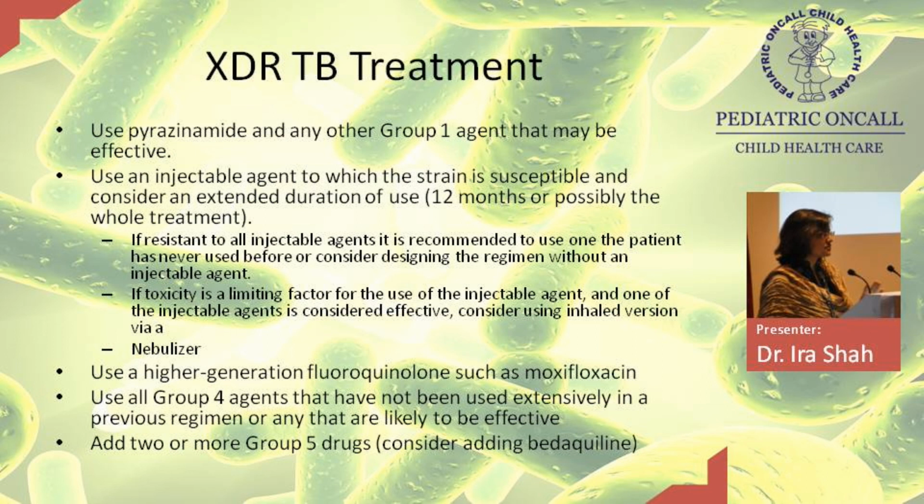Use a quinolone of the highest generation, but if you have moxifloxacin resistance, you can't use any quinolone. Then use group 4 agents which you have not used earlier. Use all of them. So you may use PAS, ethionamide and cycloserine, all 3 together, and 2 or more from group 5. So you may have 6-7 drugs that you are using currently for XDR TB.